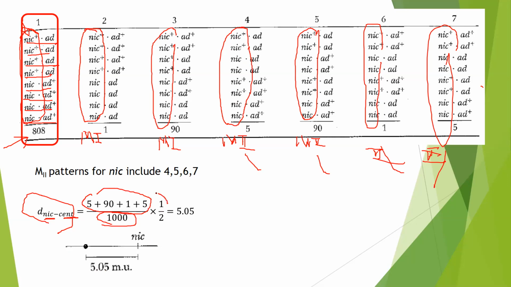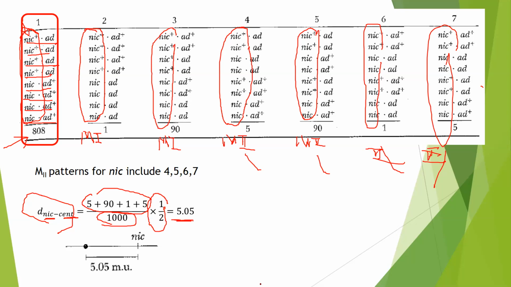So we need to put a 1/2 here to multiply this number. This gives you the genetic distance between this gene and the centromere. Is that clear? It's a little bit complicated here.